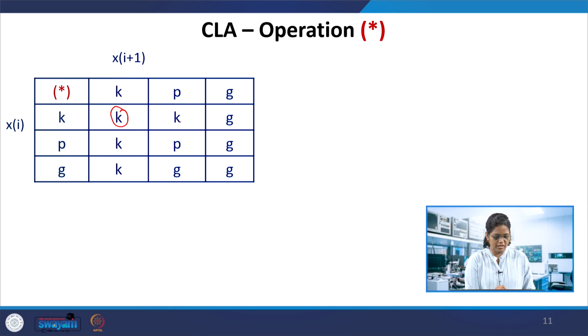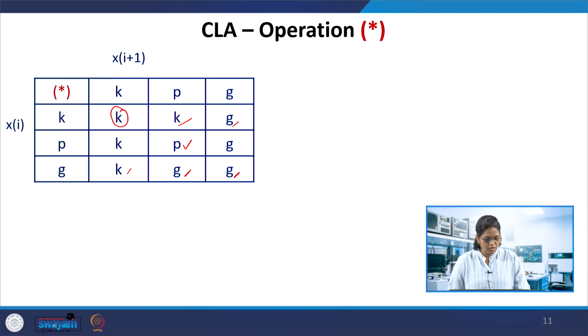If it is kill, it is not going to allow the propagate, and if generate, yes, in all the cases it would generate. Propagate on both sides would be propagate only, even though it is propagating, and the next stage can kill it, and generate also can kill it, so no carry proceeds further. In this case, generate and propagate is not propagate, it is generate. So see the difference between these.